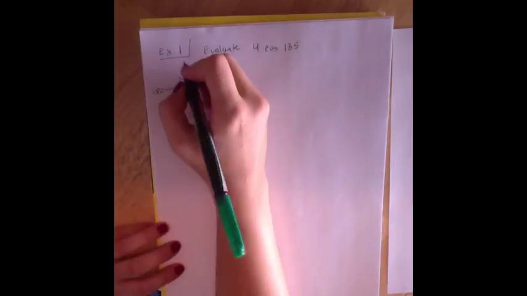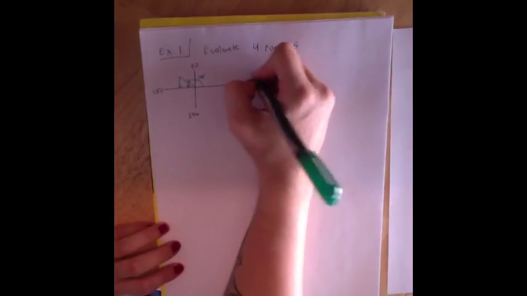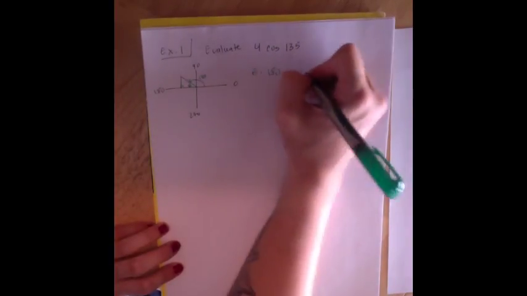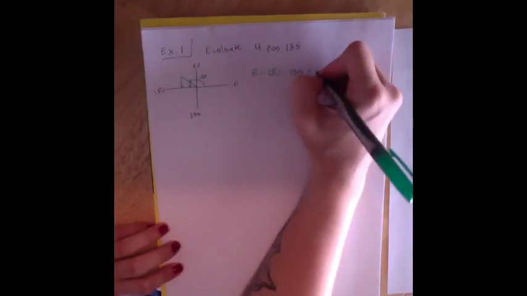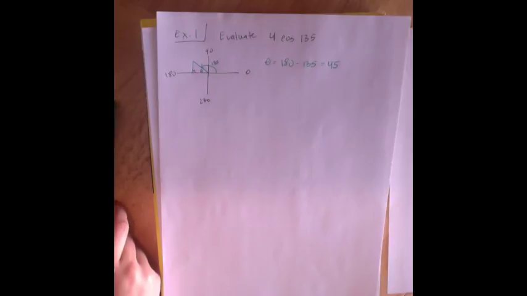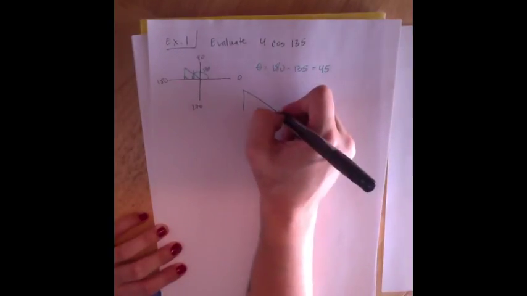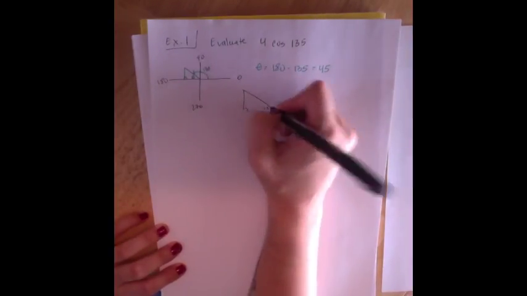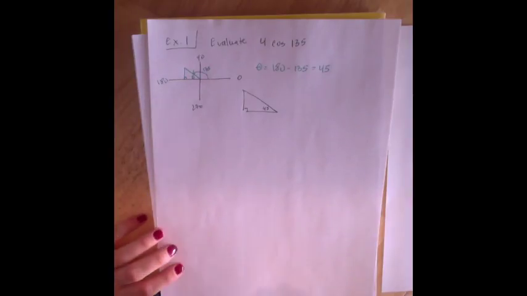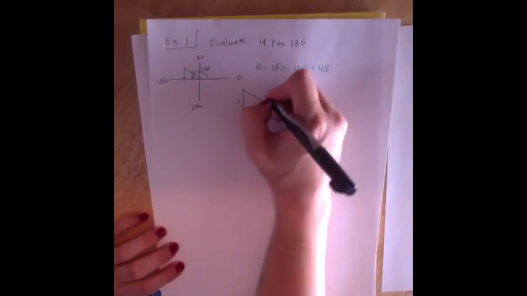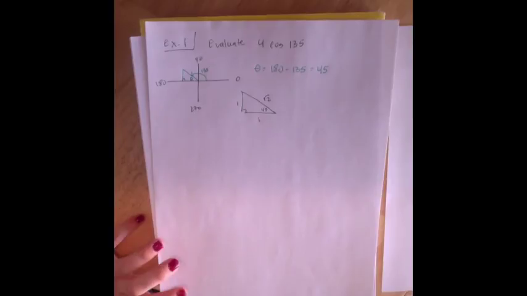And I know that this angle in here, theta, is going to be 180 minus 135, which is 45. Now, that 45 is convenient. So I have 45 in here. If I redraw my little triangle there, if this is 45, then I have a 45, 45, 90 triangle, 1, 1, root 2.